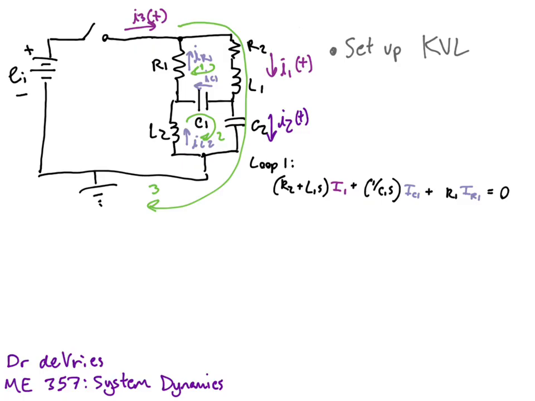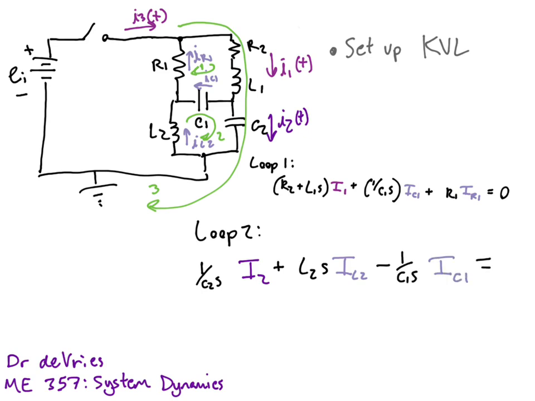All of these voltage drops are equal to 0. We can do that for the second loop as well. We have 1 over C2S, the impedance of the capacitor is 1 over CS. The impedance of an inductor is L2S, times IL2. We don't know what that current is yet, that's okay.